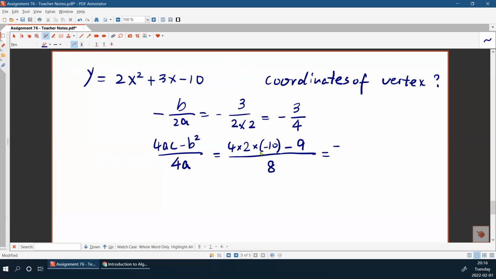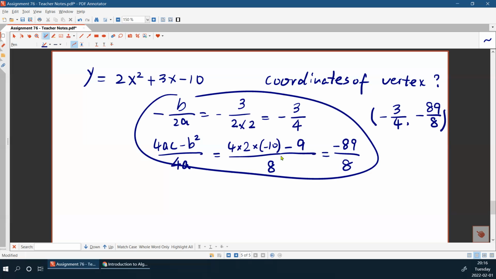Okay, so the coordinates of the vertex is negative 3 over 4, negative 89 over 8, right? So that means if you only want the coordinates of the vertex, you can use this formula, right? Did you get it? Yes.